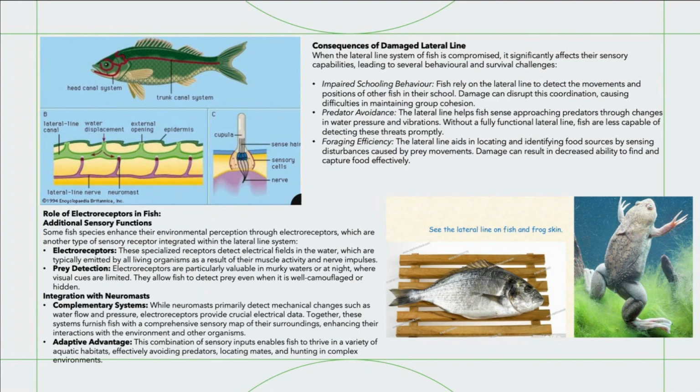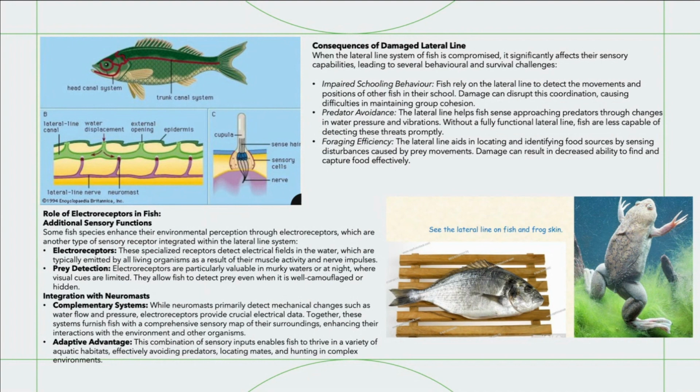These electroreceptors are able to detect electrical fields in the water, which are given out by many living organisms because of their muscle activity and their nerve impulses. Okay, so they can actually feel this coming from other fish, and because of this, they will be able to find their prey easier.